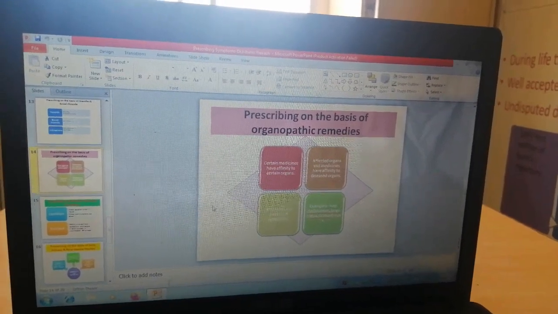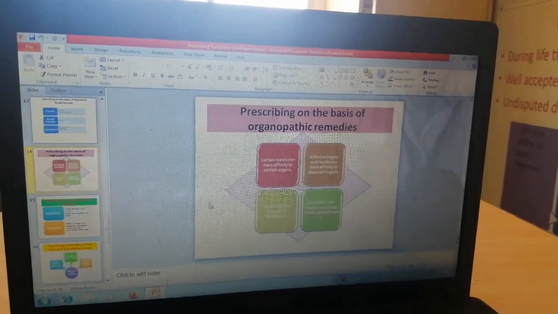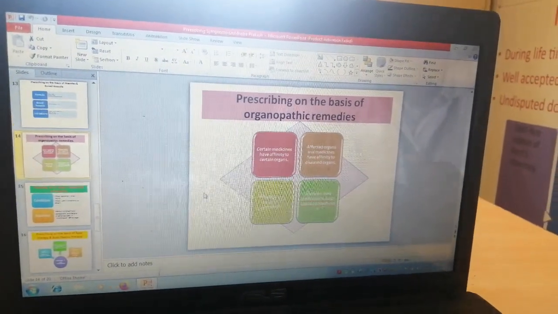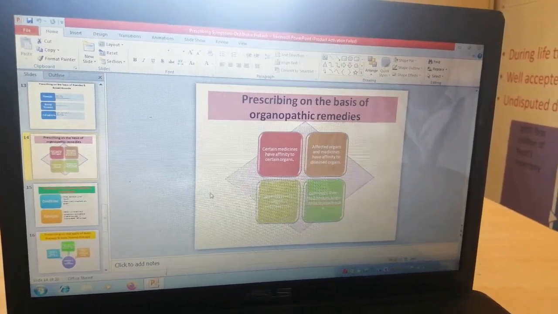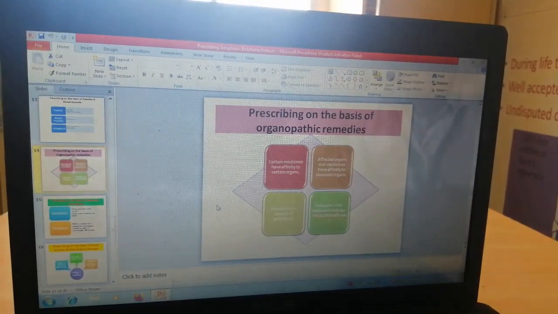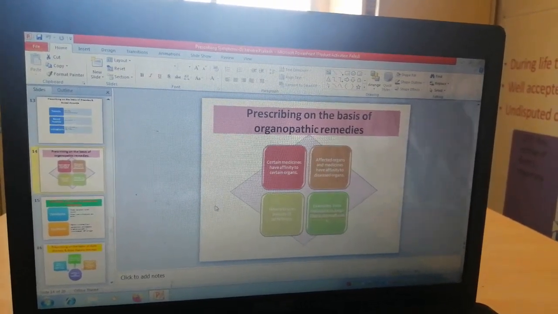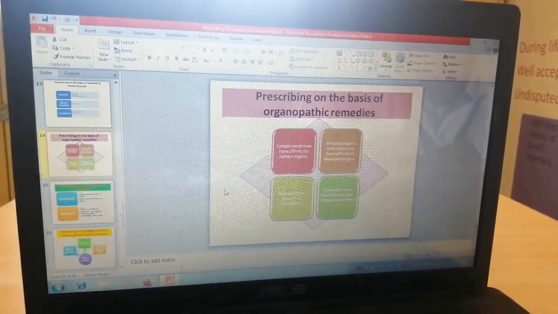Likewise, if these organs are affected, then medicines having affinity to the corresponding diseased organs are given on the basis of common symptoms. This type of prescription is mostly useful when there is a lack or scarcity of symptoms.